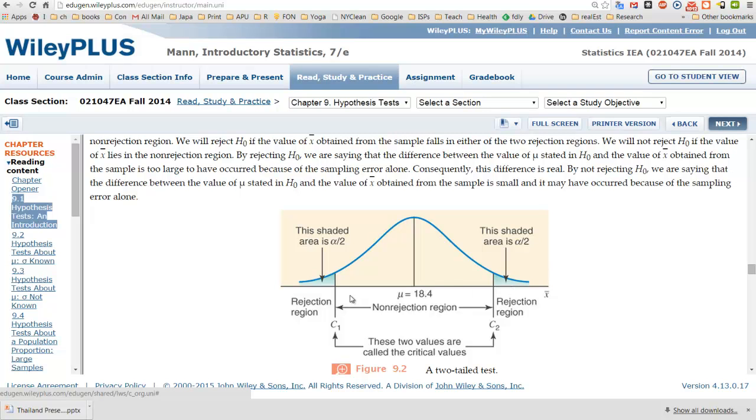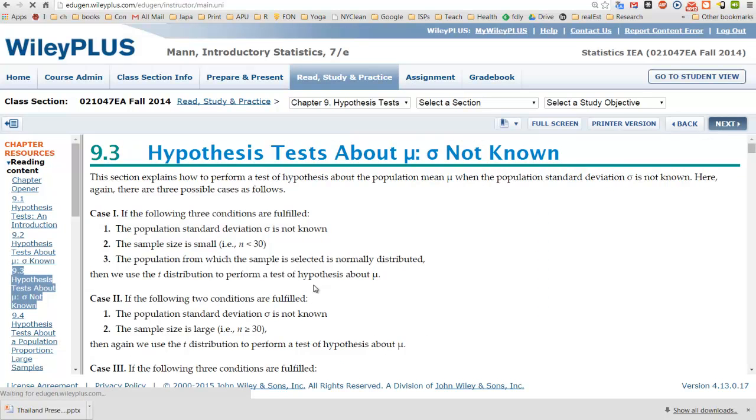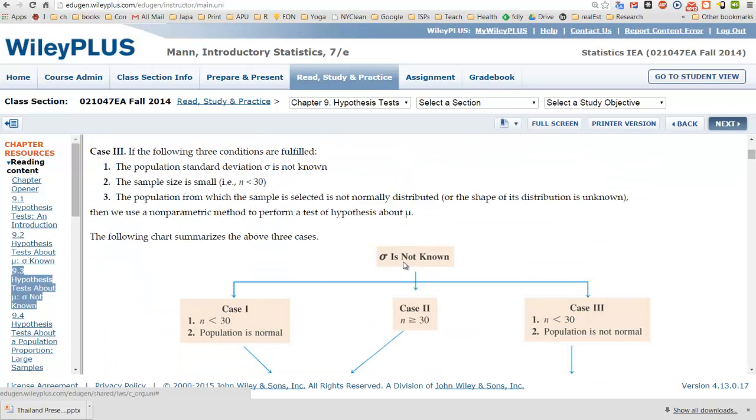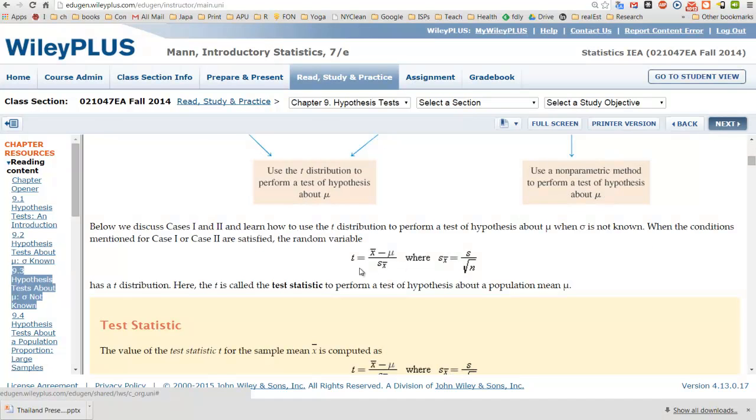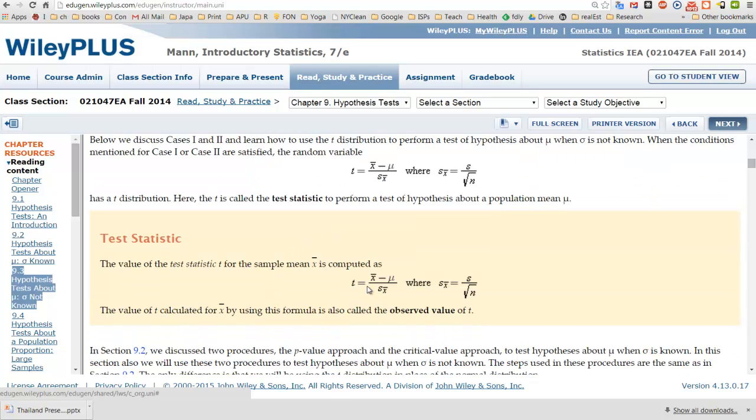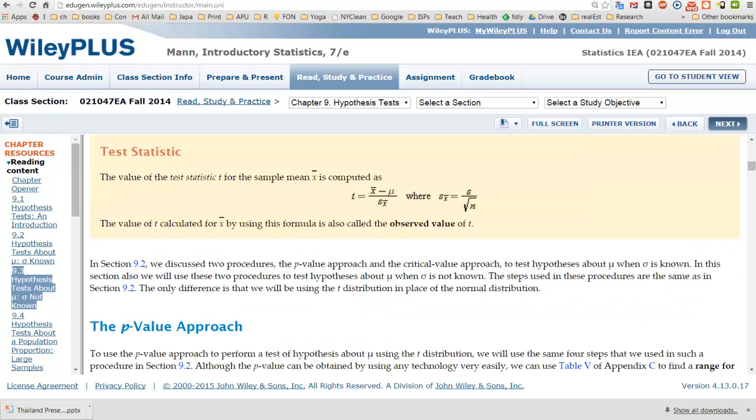If it's in here, we won't reject. If it's out here, we will reject. The calculation that we do, in this case when sigma is not known, is this. We calculate the t statistic like this, and we can use this calculation here. Once you've calculated the test statistic, if it's in the rejection region, you will reject the null hypothesis. If it's not in the rejection region, you won't reject the null hypothesis.